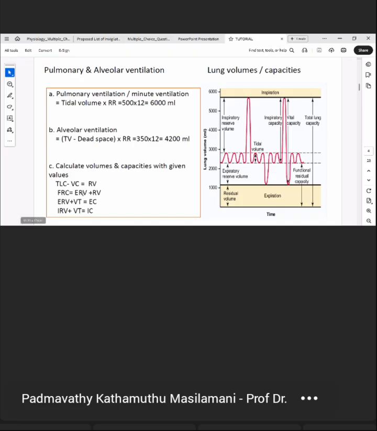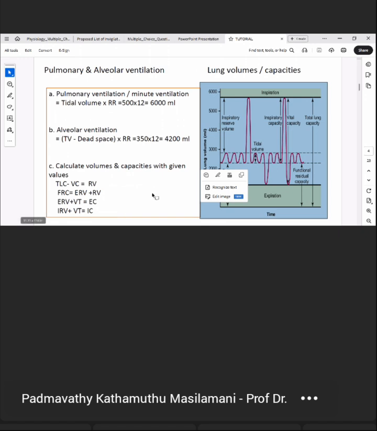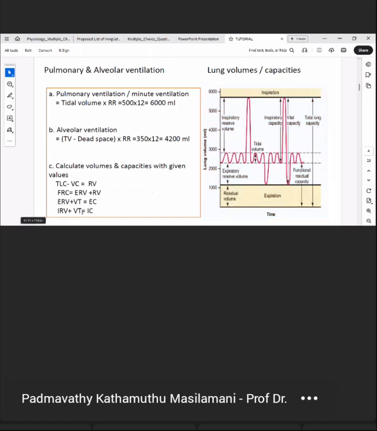So if you are given the ERV, tidal volume, and IRV, together they make the vital capacity. Suppose you are given only the vital capacity without the ERV, you can calculate that also, right?